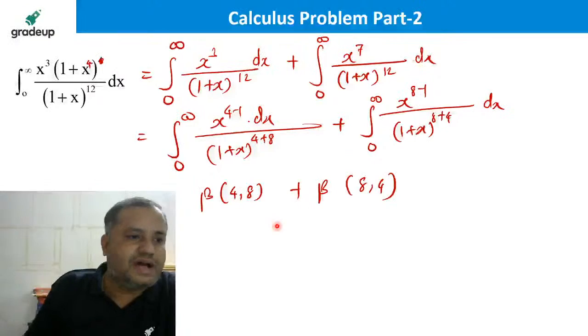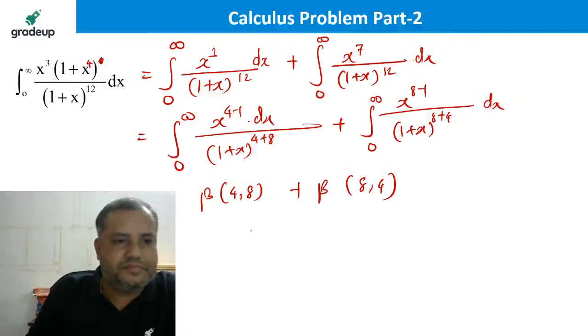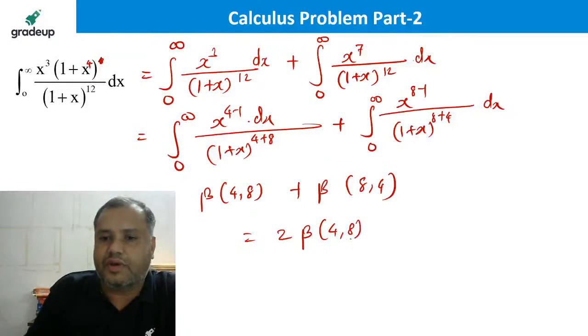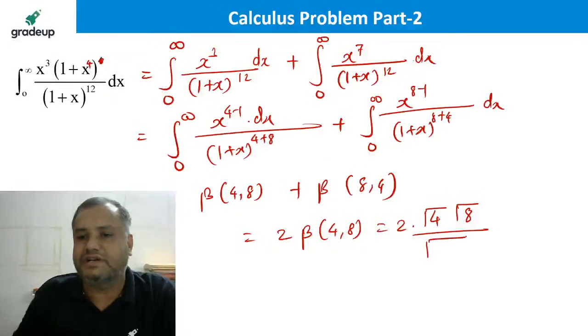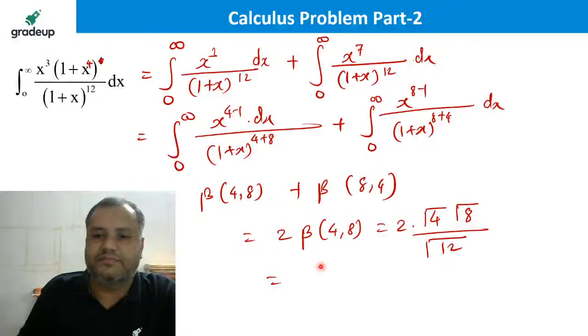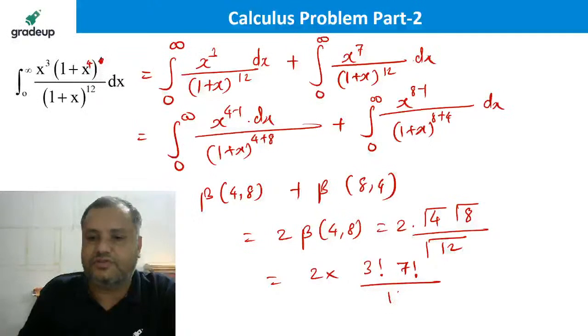Since both of them are same, you can write this as 2 times beta 4 comma 8. So 2 as it is, beta 4 comma 8 is gamma 4, gamma 8 upon gamma 4 plus 8, that is gamma 12. So factorial 3, factorial 7, and gamma 12 means factorial 11. You just simplify it, you will get the final answer.